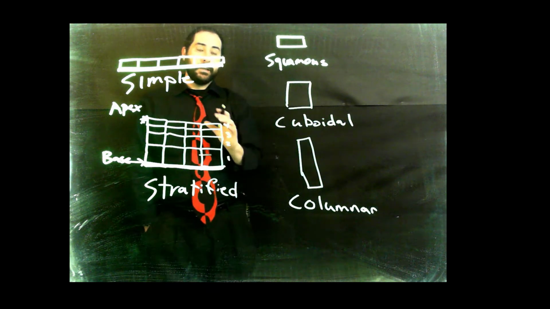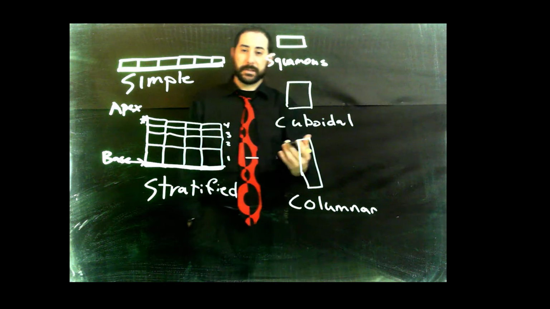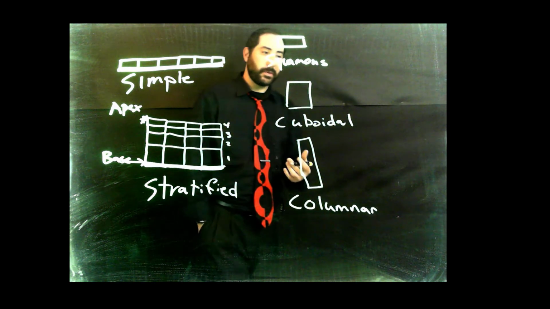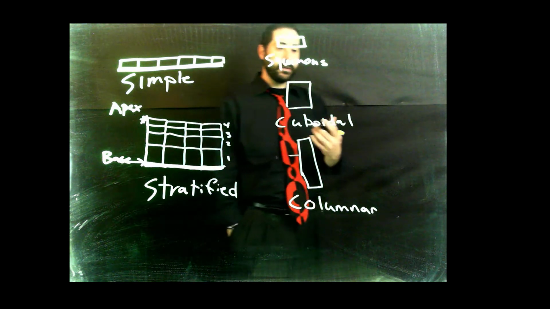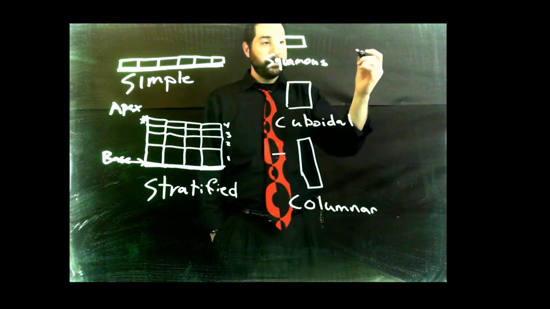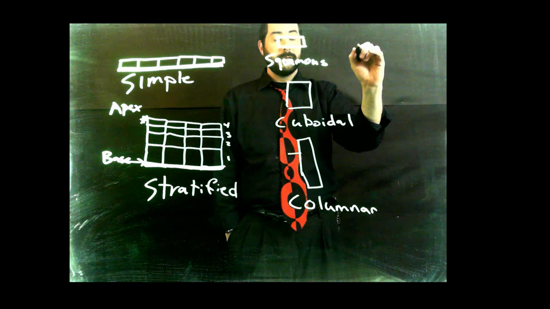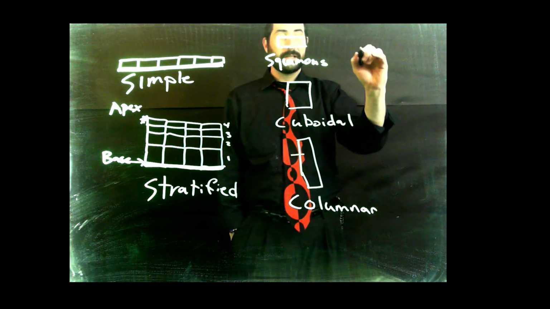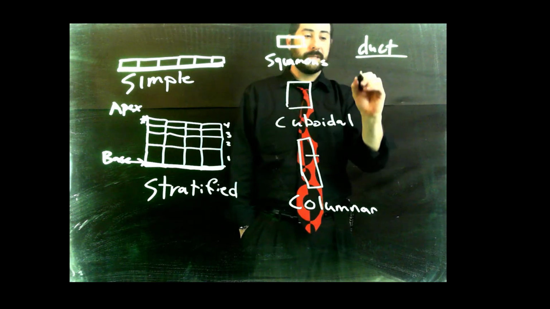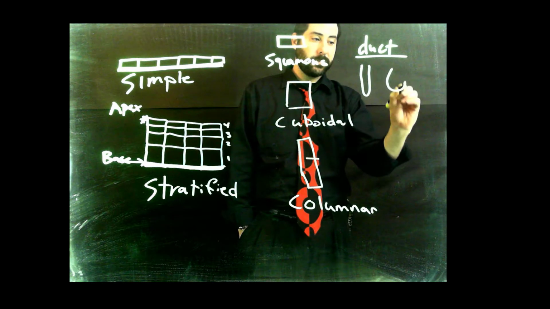All right, so the second type of epithelial tissue is the one that secretes. And when we're talking about it secreting, it's going to be classified in, again, one of two ways. And that is whether the duct, so we have a duct, is it tubular or is it rounded?